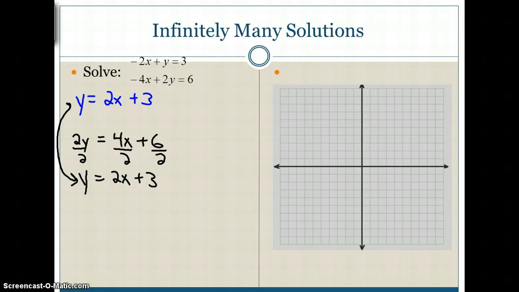If we were to graph them, we plot the y-intercept of 3, then we go up 2 and right 1. We would graph them, and there would be the same line. This would be a case where there would be infinitely many solutions. If we were to solve this graphically, we would know that by the fact that there is one line.